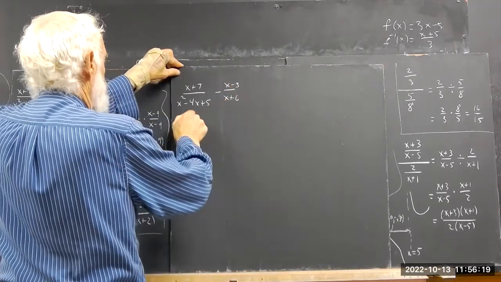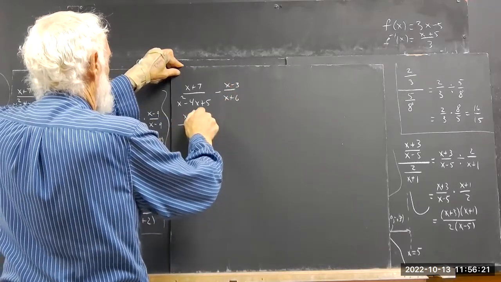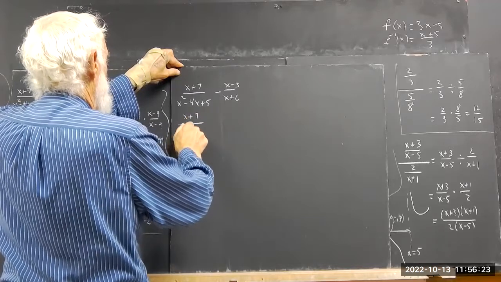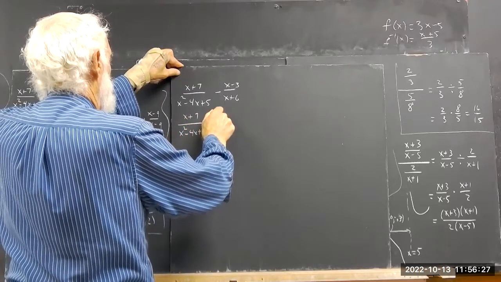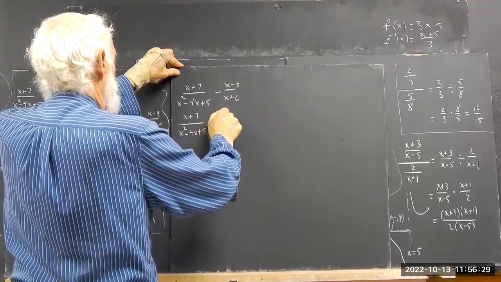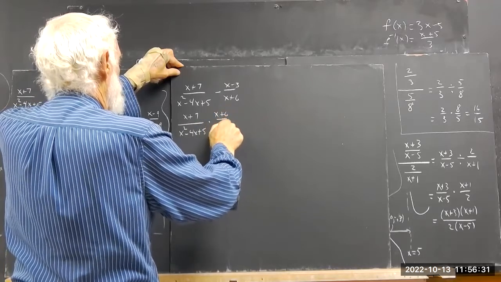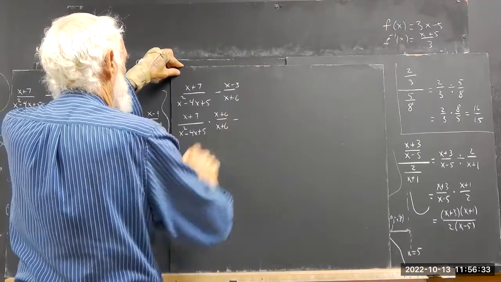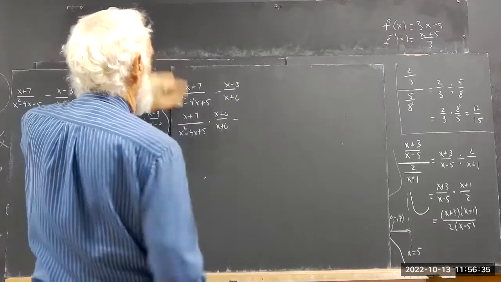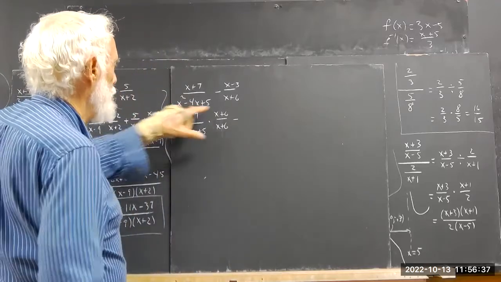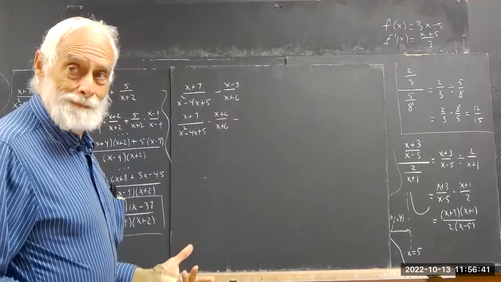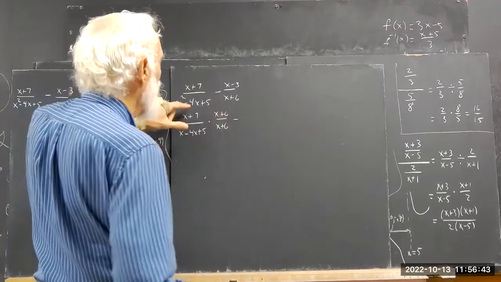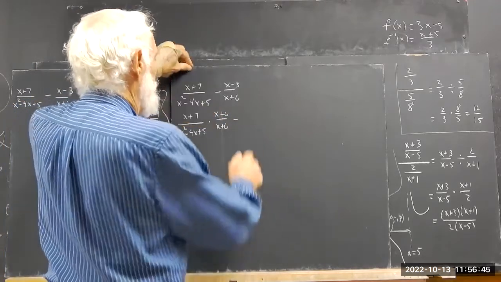So we do just what I think I saw everybody do. We multiply numerator and denominator here by x plus 6, so we have a common denominator that has each of these denominators as a factor.